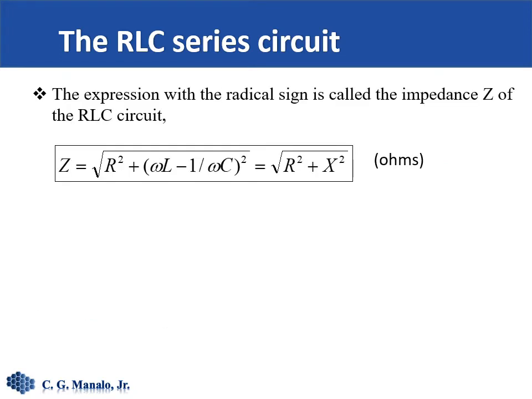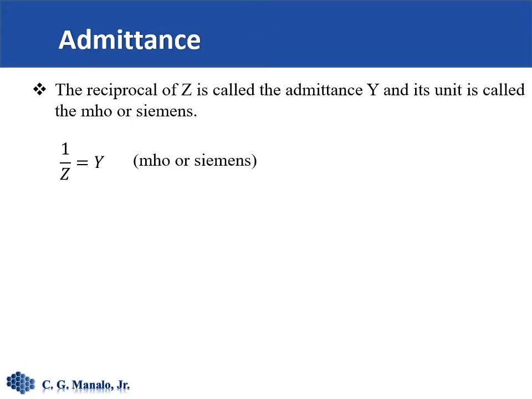So again, the expression with a radical sign, we call that the impedance of the RLC circuit with a unit in ohms. We also have a quantity called admittance, which is just the reciprocal of the impedance Z. And the unit for that is called mho or Siemens.